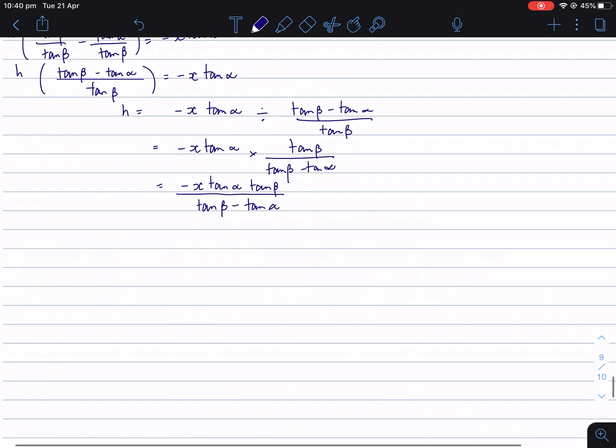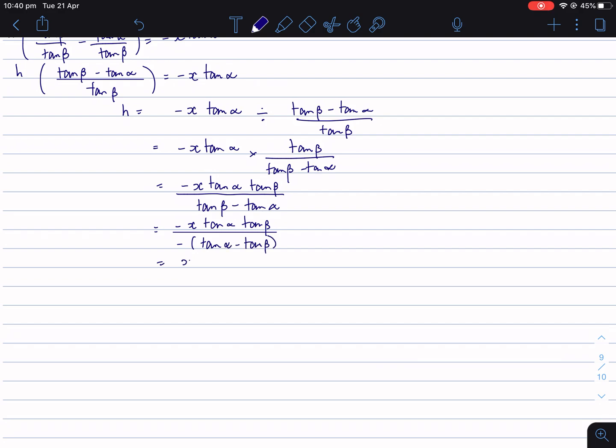But they don't want the minus, so that's the same as negative x tan alpha tan beta over negative tan, if you take the negative out the front, you just swap them around, alpha minus tan beta. Those negatives cancel out, I get x tan alpha tan beta over tan alpha minus tan beta.